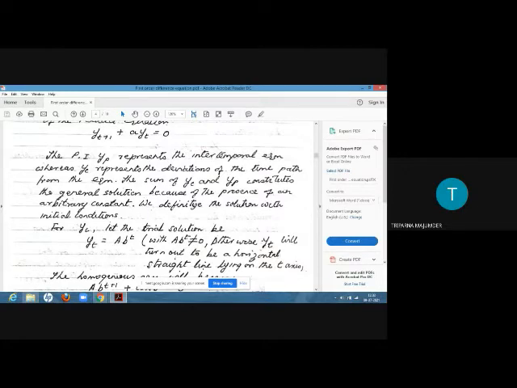So the next step is to write: for the complementary function y_c, let the trial solution be y_t = A b^t.